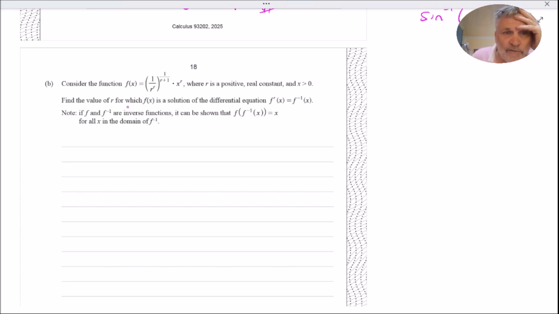Find the value of r for which the function is a solution of the differential equation. The derivative of f is equal to the inverse function of f. And then it tells us a little bit more about inverse functions, that an inverse function is a function that when you apply that function to the inverse function, you get back to the x value for all x in the domain.